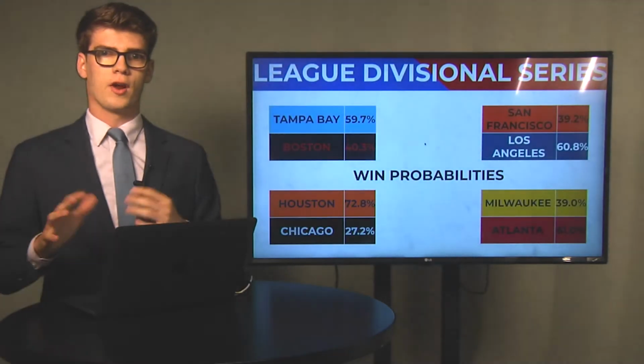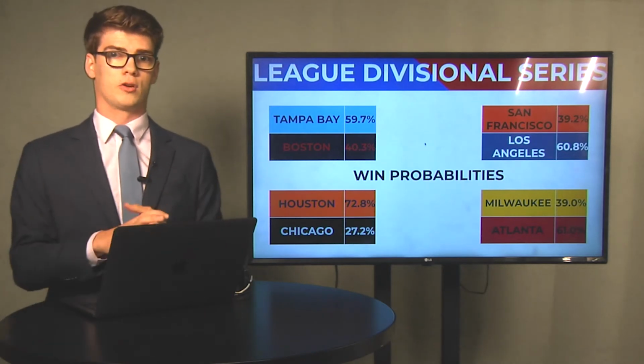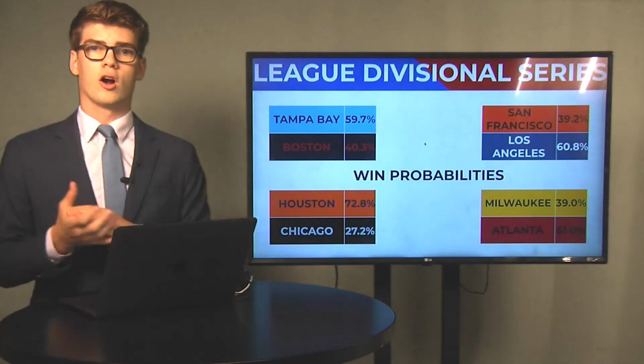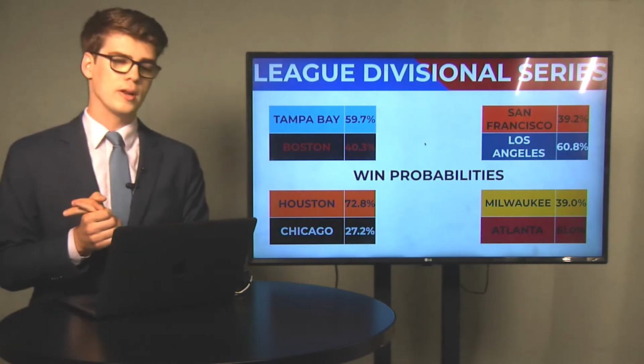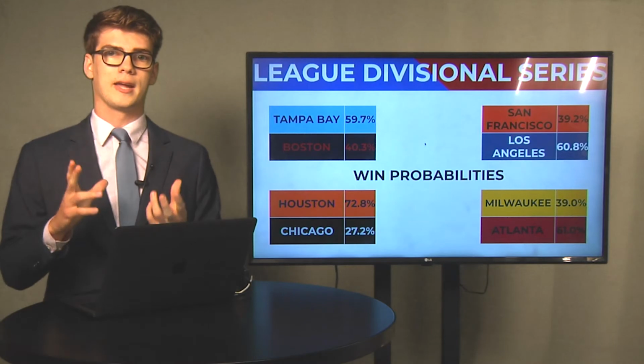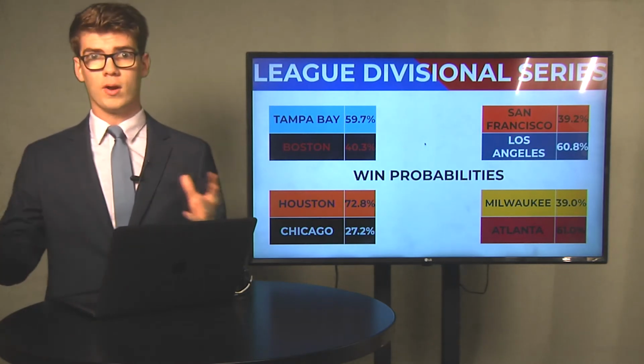The win probability for any one game is often quite disparate, but over the course of the series, the probability becomes closer. For instance, the White Sox are heavy underdogs in the simulation with just a 27% win probability against the Houston Astros. Depending on the location, it's incredibly drastic.